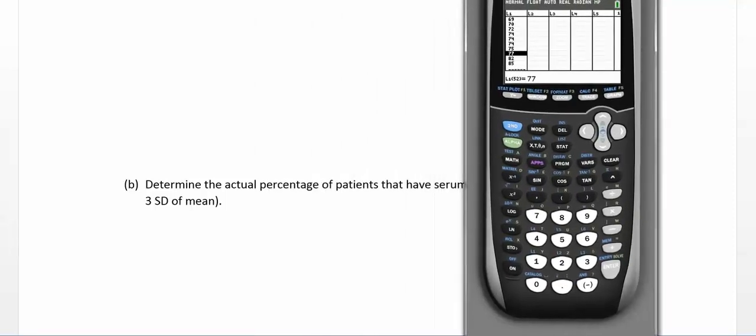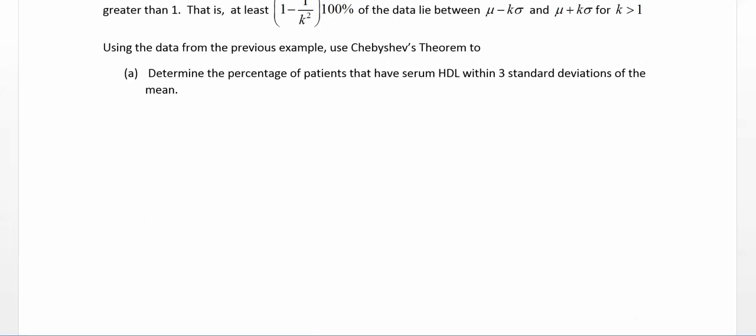Everything else would be between. So I want 52 divided by 54, which as a percent is about 0.96. So we're looking at 96% of the data is actually between those two values.